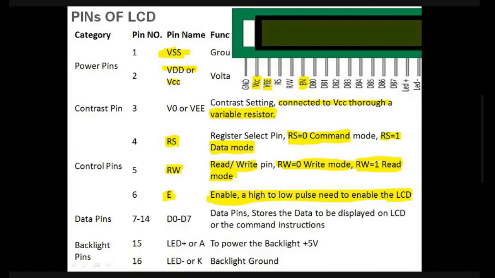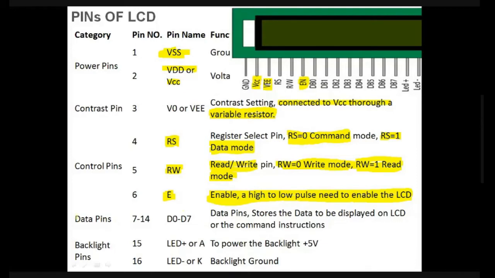If I make this enable pin equal to 1, then the LCD is turned on. After completion of the operation, we have to forcefully make this enable pin 0 so that it is disabled.